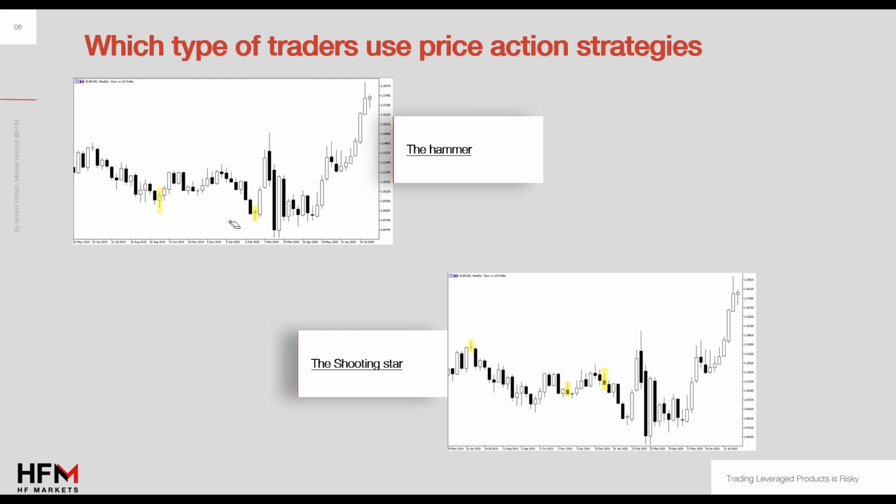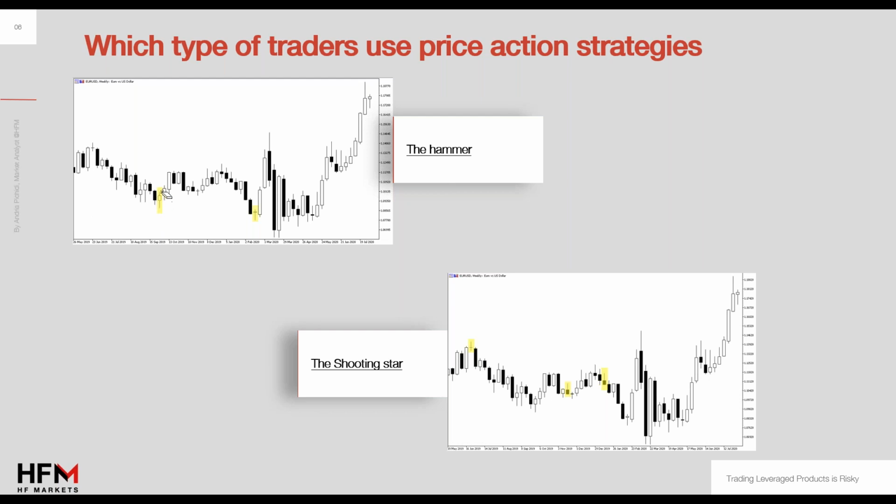So that means that buyers are in control. That's why it's a bullish signal. Traditionally, the close can be below the open, but it is a stronger signal if the close is above the open price. So if you spot something like that, that's a bullish signal. Like in this example over here, it's a weekly Euro Dollar.